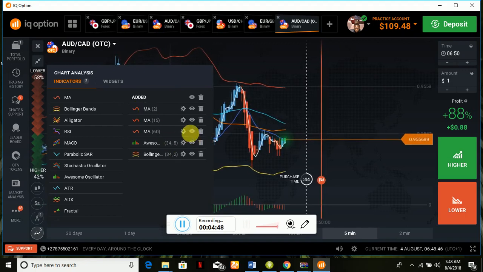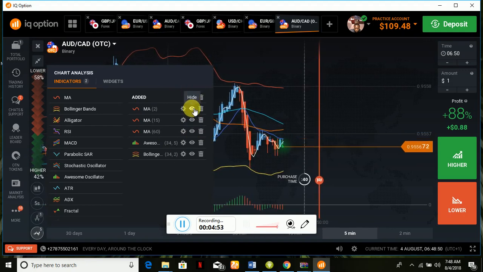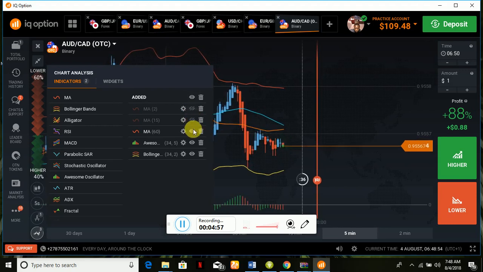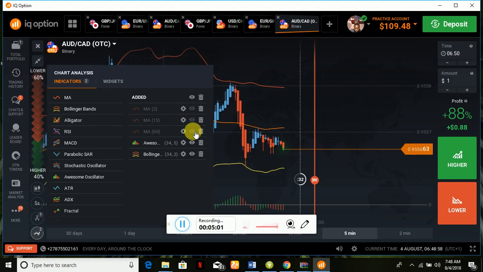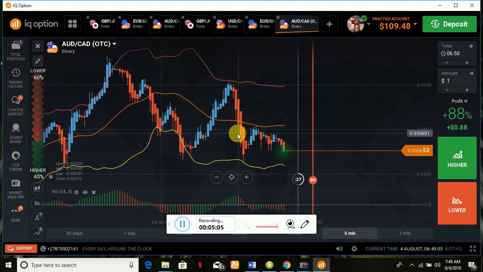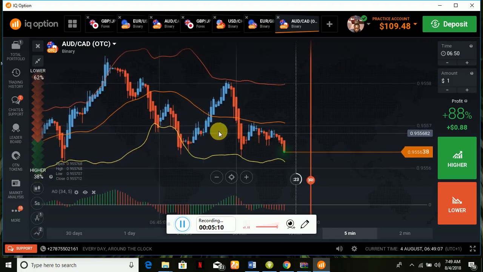Now I will hide all my moving averages so that you can see my Bollinger Bands without the moving averages. So this is my screen with just the Bollinger Bands.